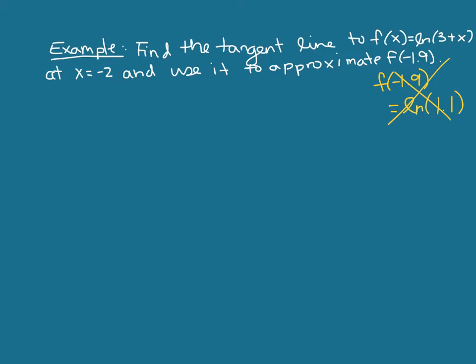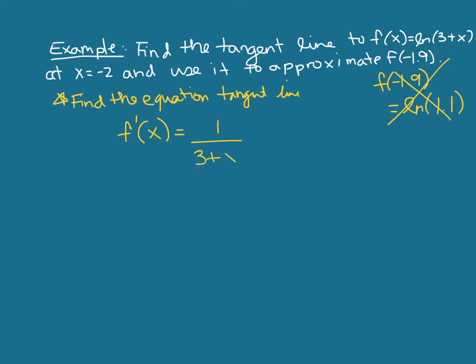So we would like to start by finding the equation of the tangent line. I'd like you to pause the video and see if you can find that tangent line. It's stuff that you've done in the past. So first thing you're going to do to find the equation of the tangent line is to take the derivative.